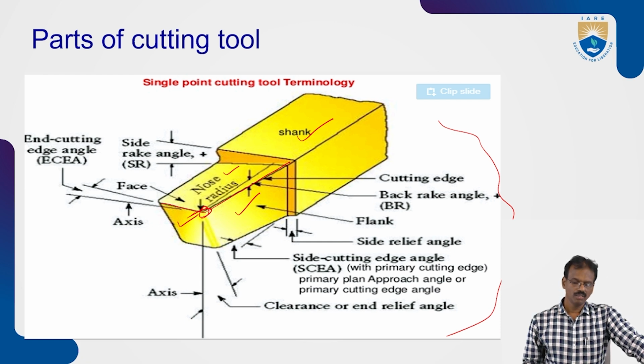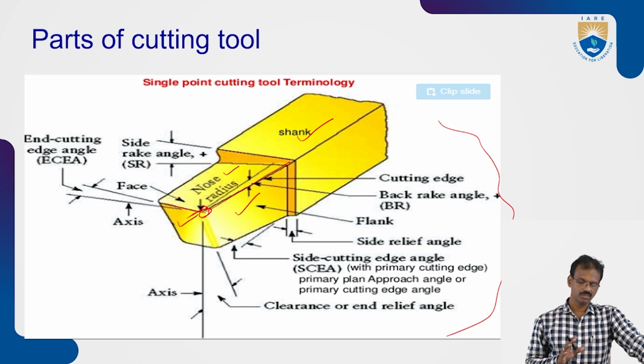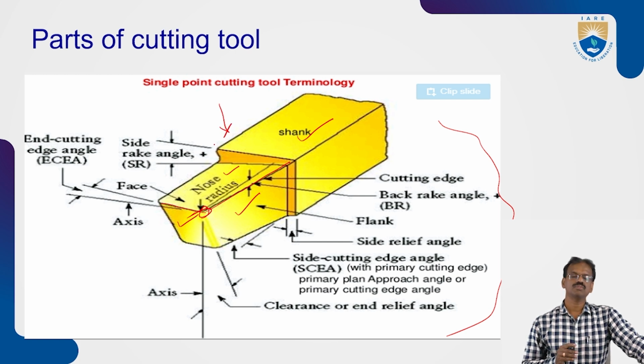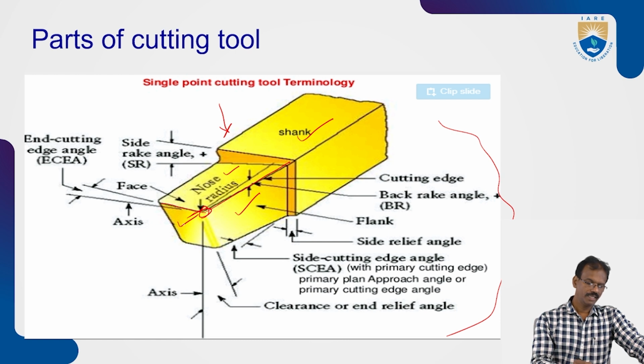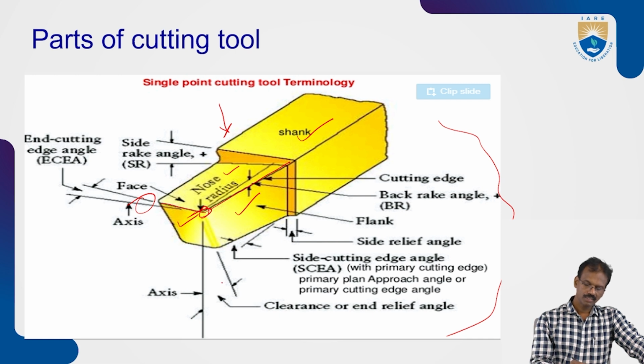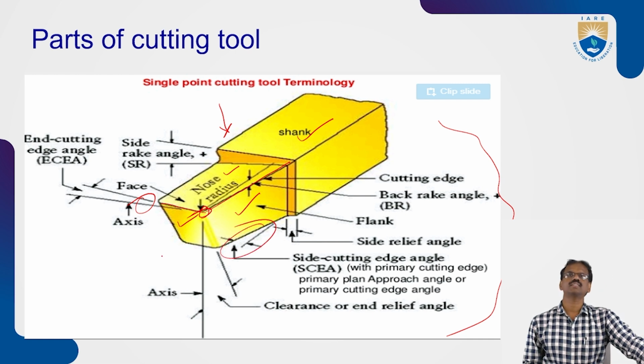Now we'll see what the different angles in this cutting tool are. If you observe from the top view, two types of angles can be observed. The first one is the end cutting edge angle. Next is the side cutting edge angle.